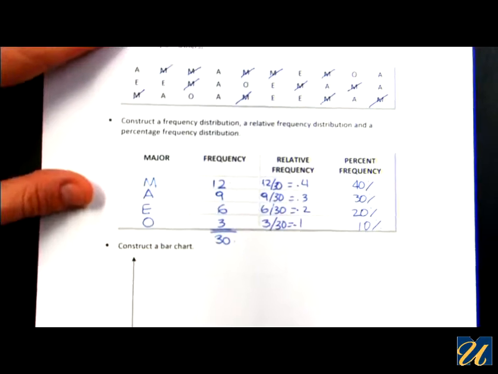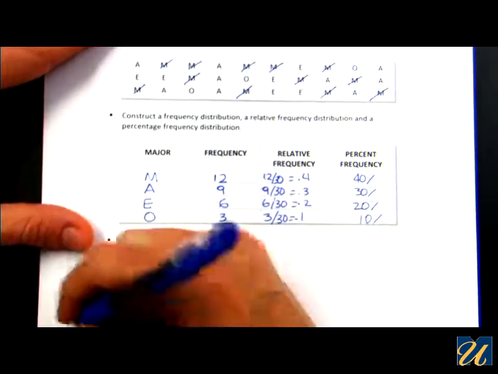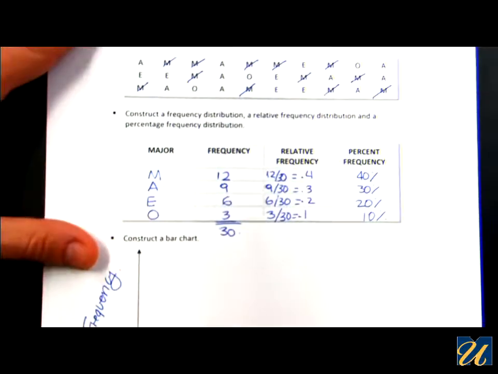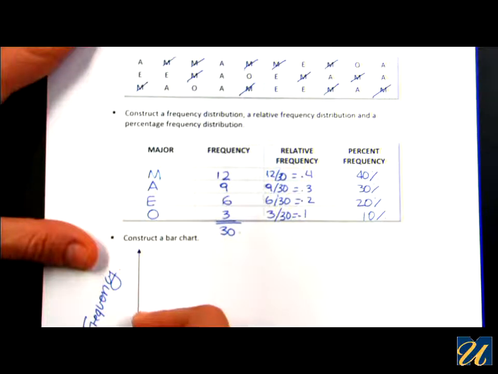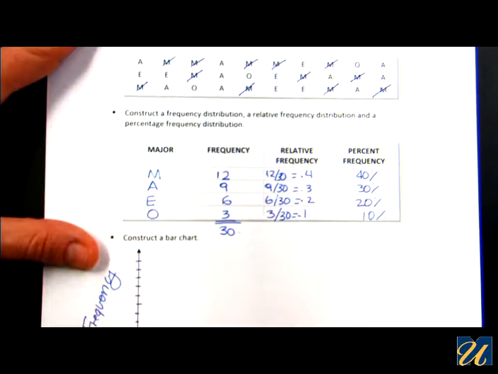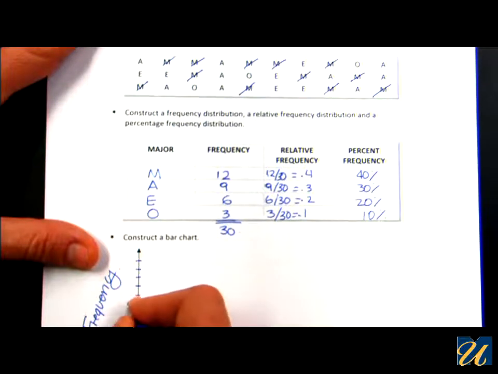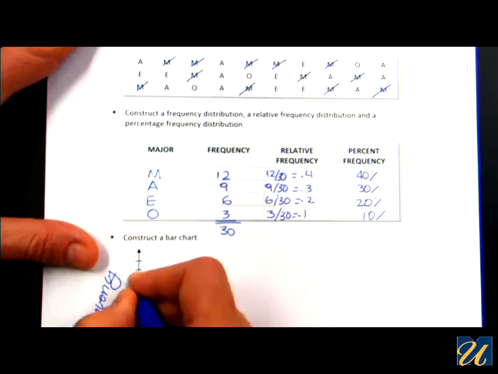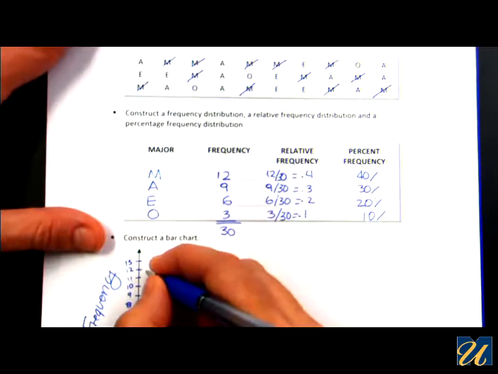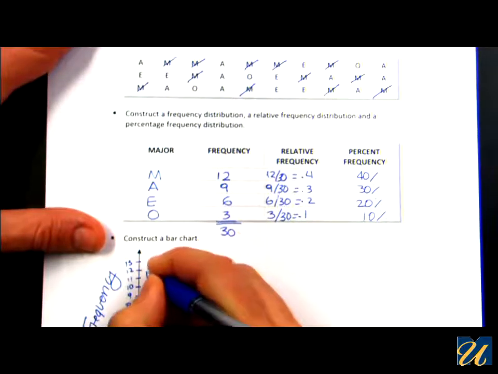In constructing a bar chart, I will use the frequency. You create your scale. So for management, the frequency is 12.